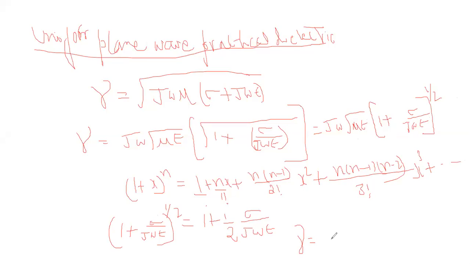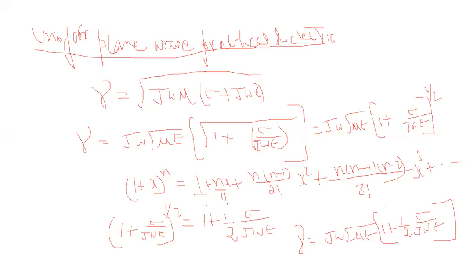Gamma is equal to j omega under root of mu epsilon, multiplied by the expression we got using the binomial theorem, 1 plus 1 by 2 sigma by j omega epsilon. Now multiply j omega under root of mu epsilon with 1, and with the second term 1 by 2, j omega and j omega get cancelled here.